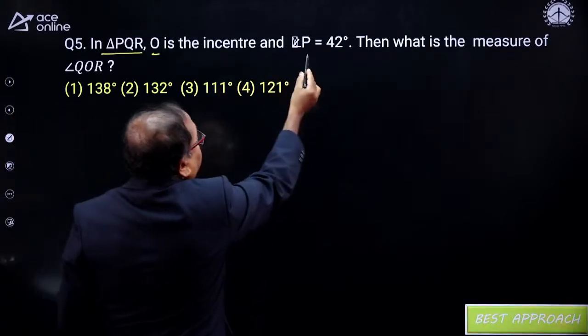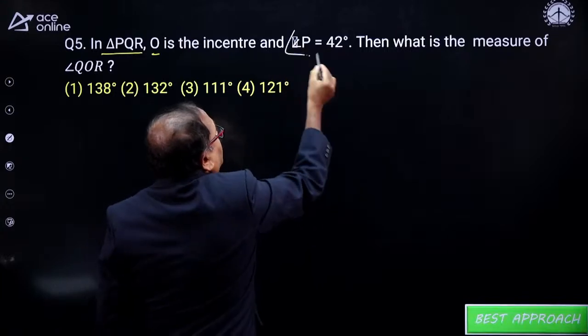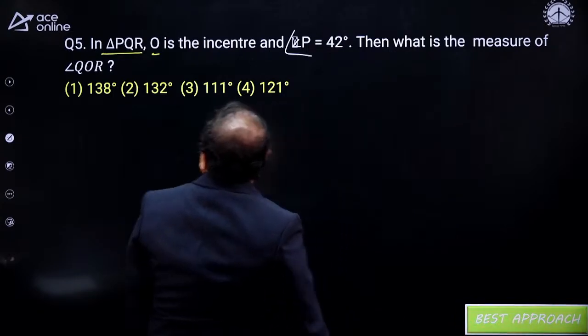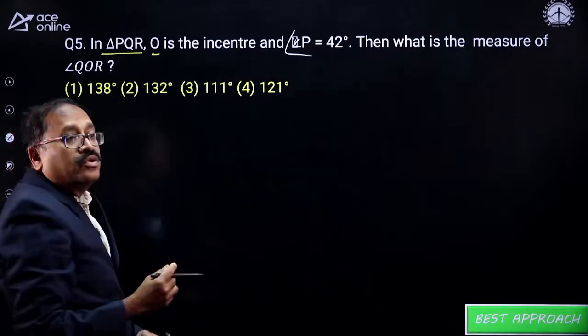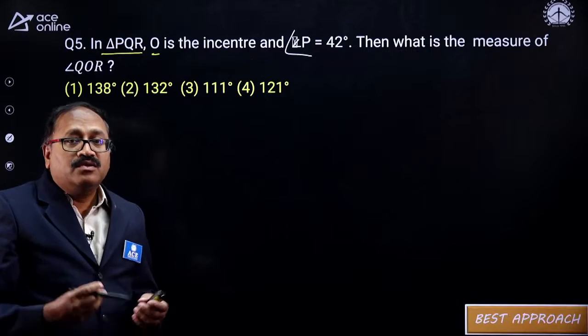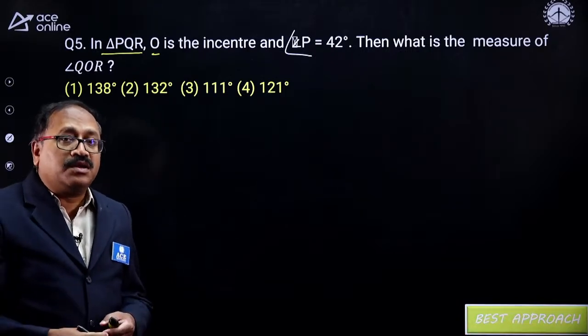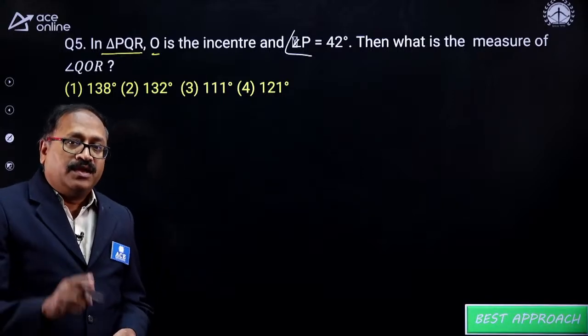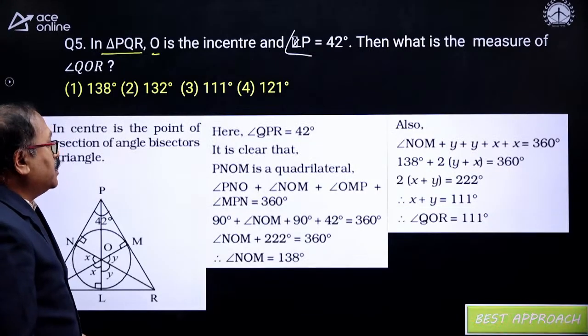O is the incenter and angle P is 42 degrees. Then what is the measurement of angle QOR? You may think that you know nothing about geometry and can't answer the question, but I will share one property with you, and that's a very big advantage.